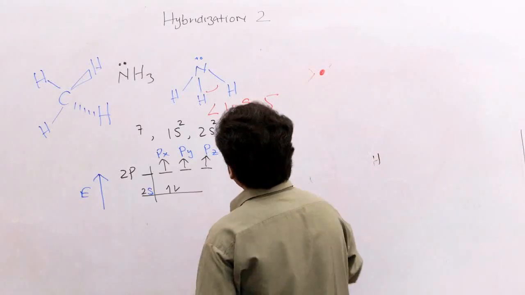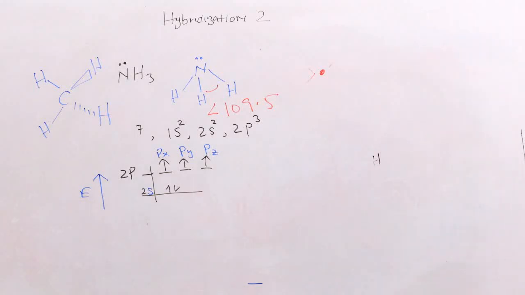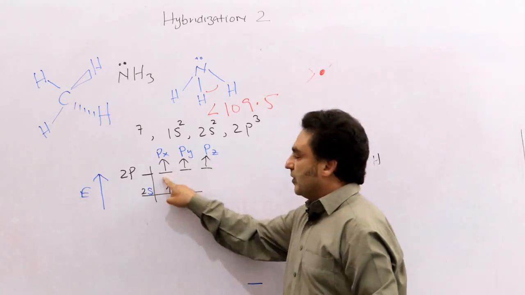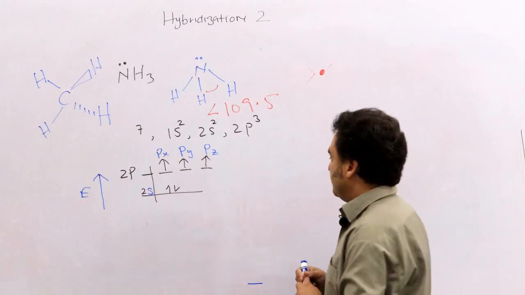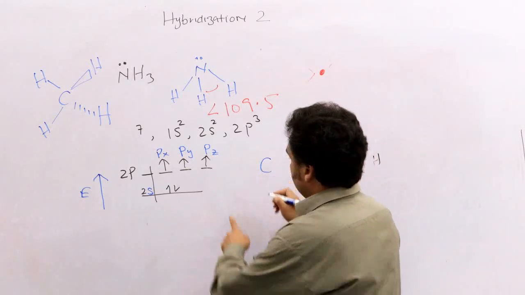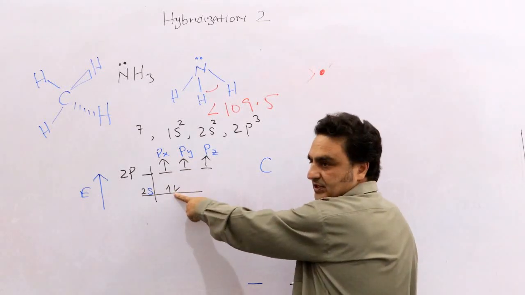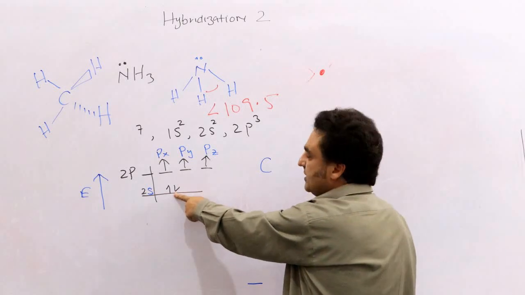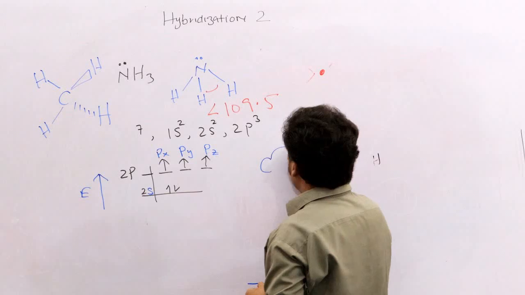What will happen if this molecule hybridizes? In the simple case, 4 orbitals combine together, forget about electrons, and give 4 hybridized orbitals. There are 3 p's and a 2s orbital, so you will get sp3 orbitals. How many? 4.